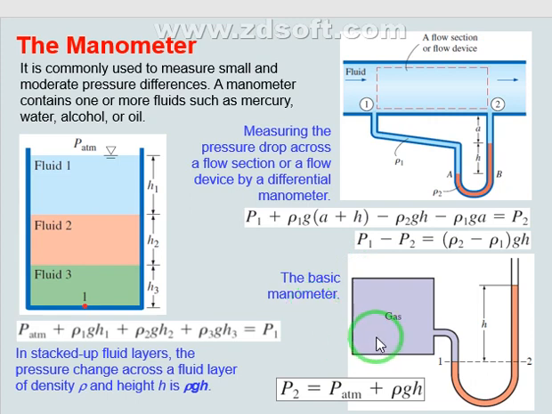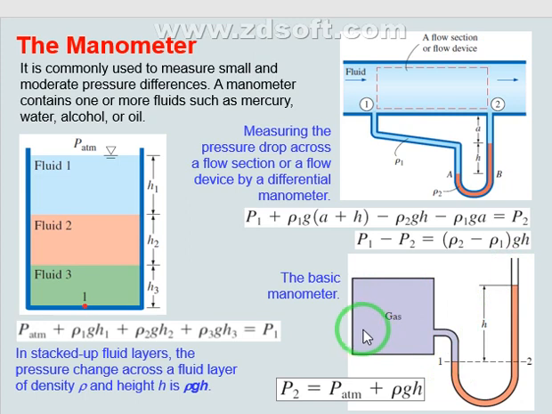The concept is about making a difference in the level between the system whose pressure I'm going to measure and the atmospheric pressure or any other reference.